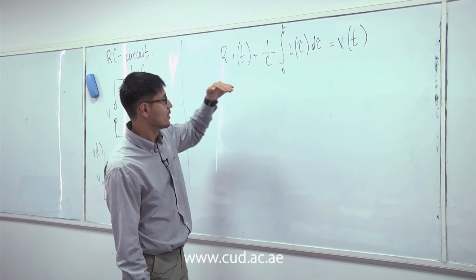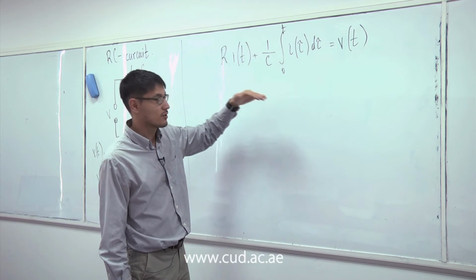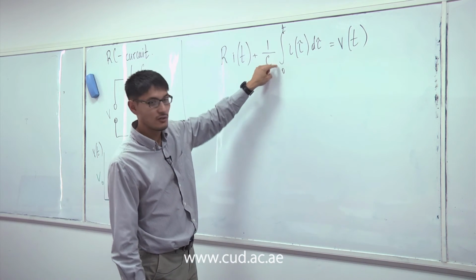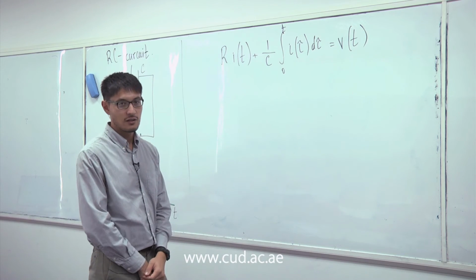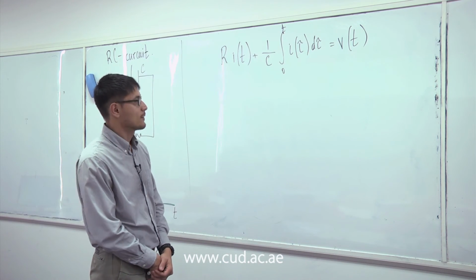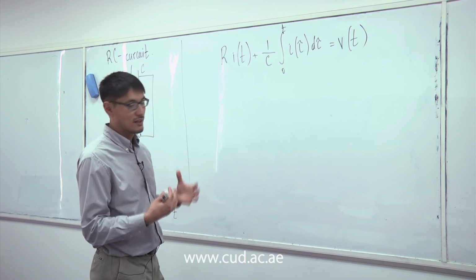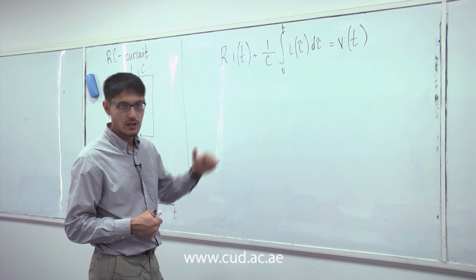And this is called an integral differential equation. So it's a differential equation, but it has the integral inside. But we're going to think of it as a regular differential equation. And we're going to use Laplace transform to solve this differential equation.